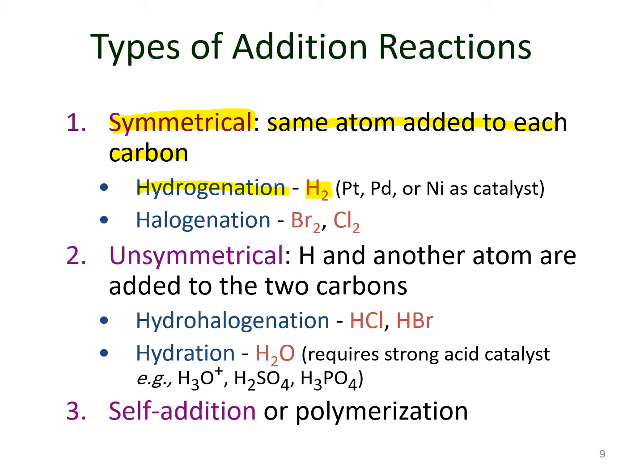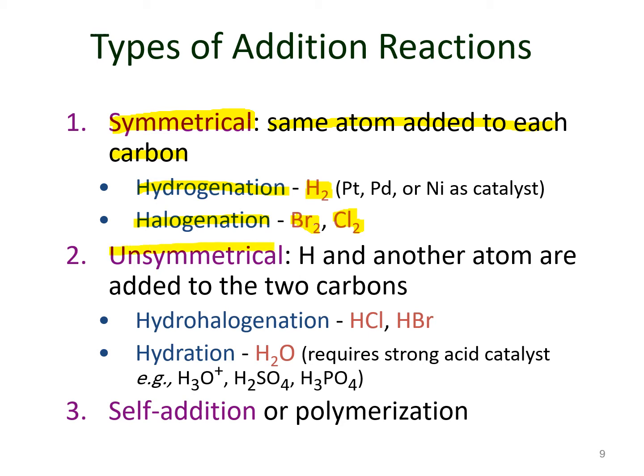One of these H will go to one carbon and the other H goes to the other one. Another example is halogenation, which also exists in diatomic form, like bromine and chlorine, which both exist in Br2 and Cl2 form. So one Br goes to one carbon and the other one goes to the other, and therefore the same atom is added to each carbon, so they will be called symmetrical addition reactions.